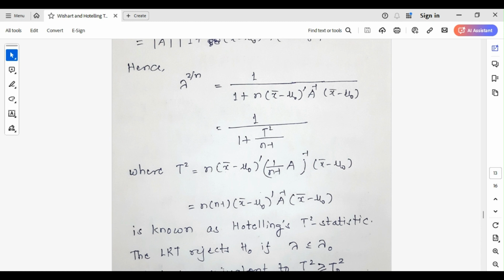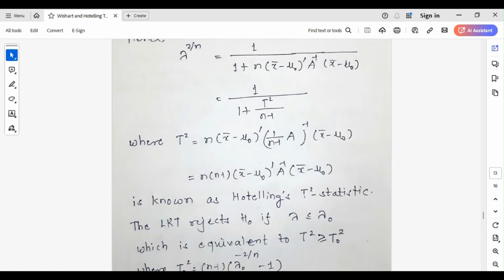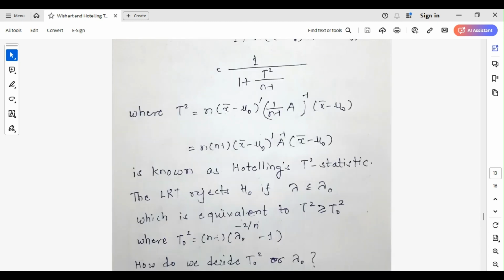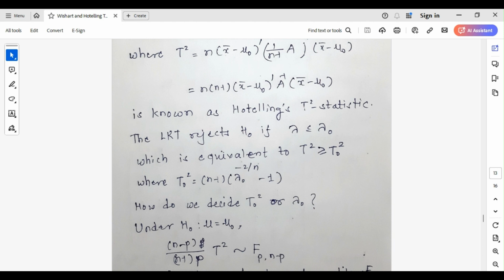So when lambda is less than or equal to lambda naught, t square will be greater than or equal to some other constant, which we call t naught square. So the likelihood ratio test can be written in terms of the Hotelling t squared statistic like this: the test will reject H naught if t square is greater than or equal to t naught square, where t naught square can be shown to be equal to n minus 1 times (lambda naught raised to minus 2 by n, minus 1).